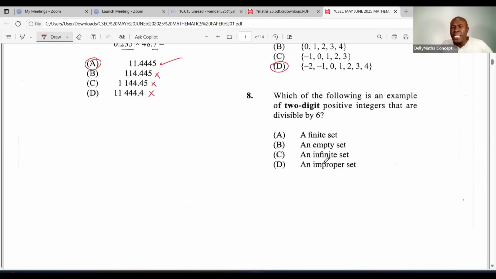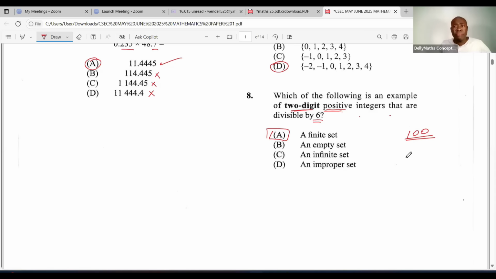Number 8, which of the following is an example of a two-digit positive integer that is divisible by 6? So that means 6 could go into it. It's a finite set because you're not going to reach 100.